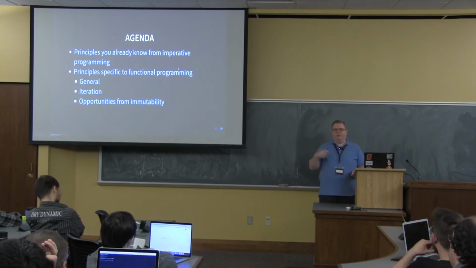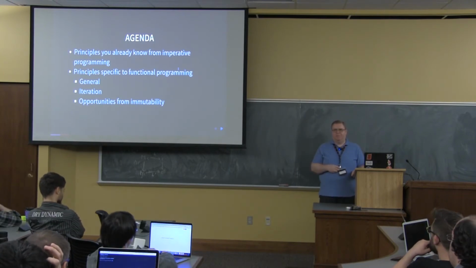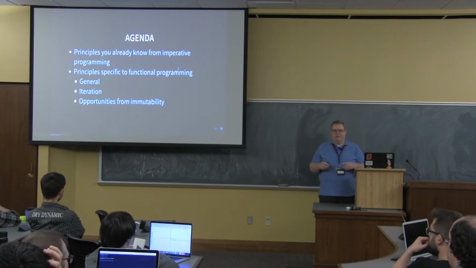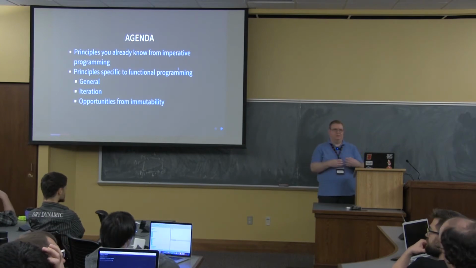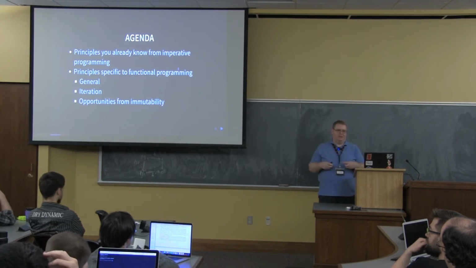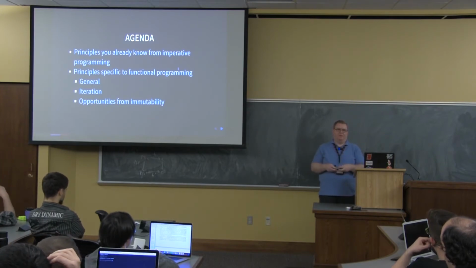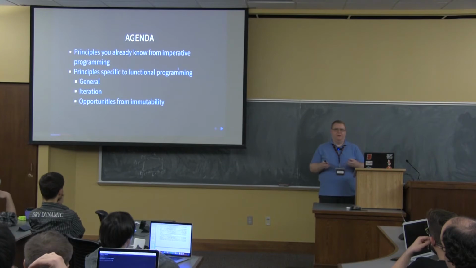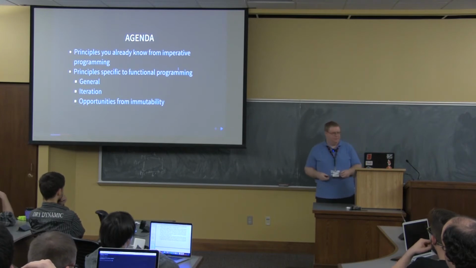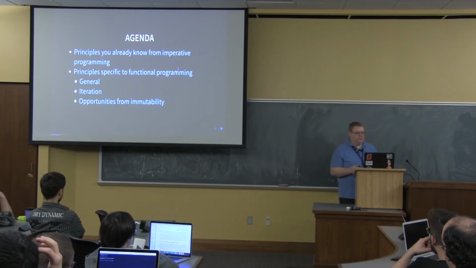A lot of times when you're brand new to functional programming, writing clean code around immutability feels kind of difficult, but immutability actually opens up a lot of opportunities to make your code simpler and more clean. And we're going to talk about some ways to be able to do that.